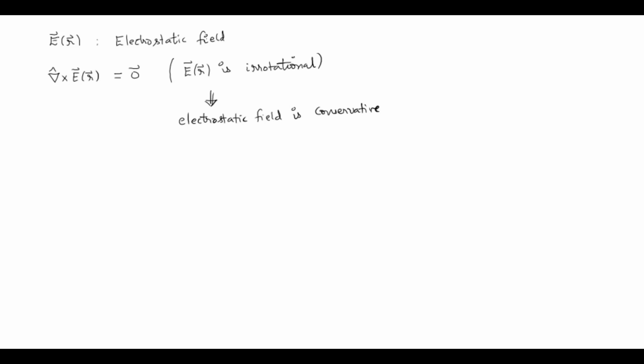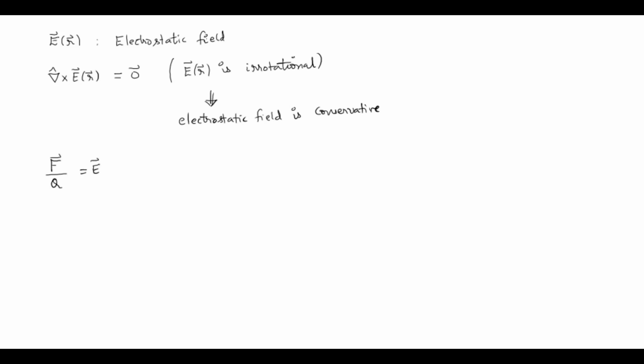And why is this working? Because this electric field is proportional to force, the Coulomb force. We know that this force is also conservative. The Coulomb force is a conservative force. So F by q is equal to E vector. Notice that this F is proportional to E, the electrostatic field.